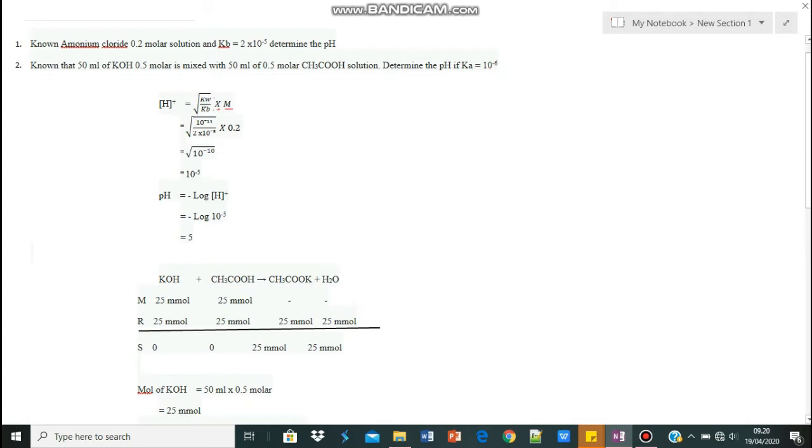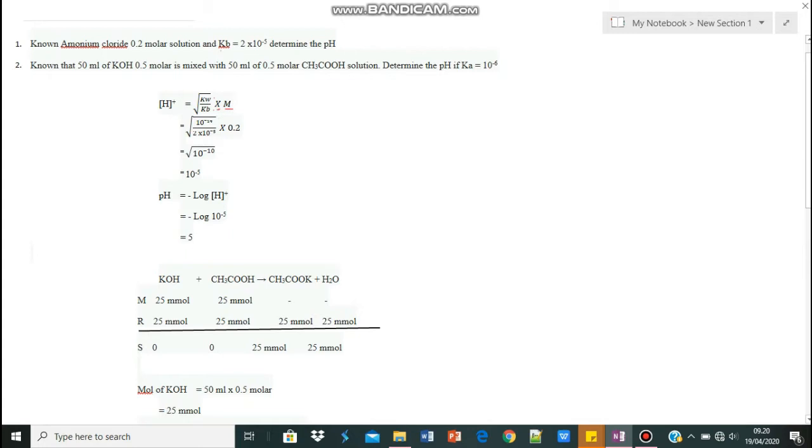And then Kw we use 10 to the minus 14, and then divide by Kb.